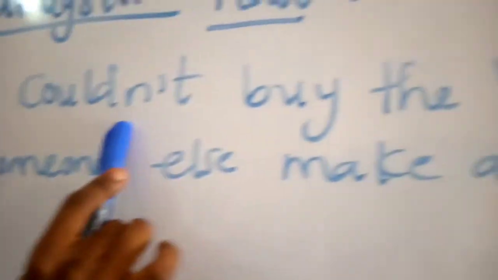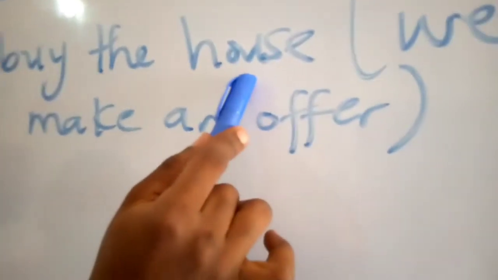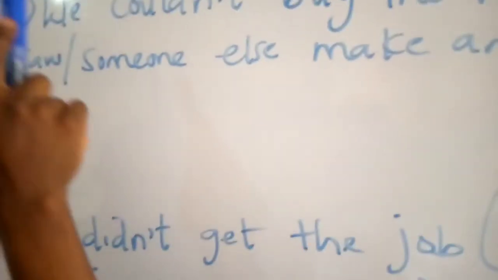We couldn't buy the house. We saw someone else make an offer. So how can we change this to the past perfect?